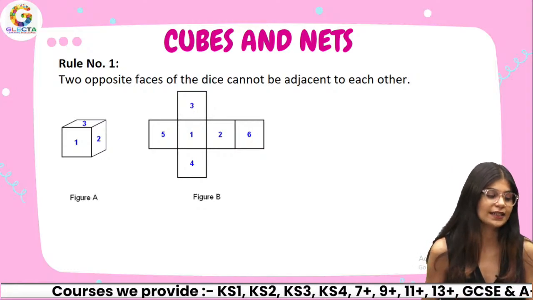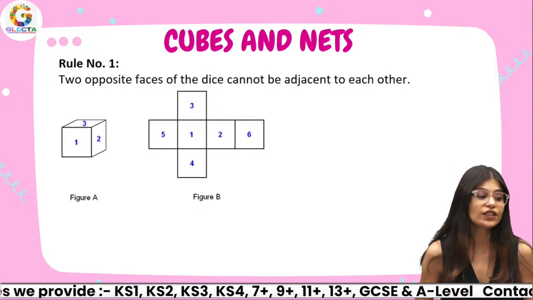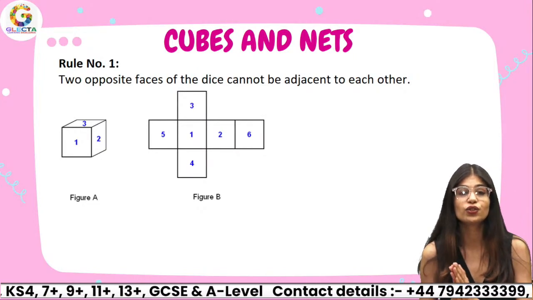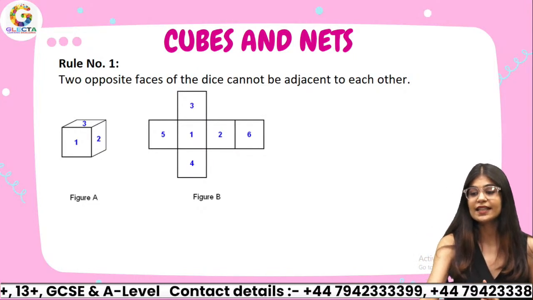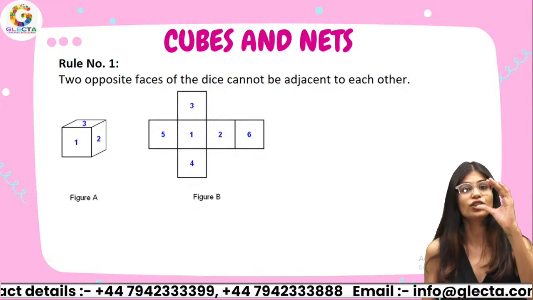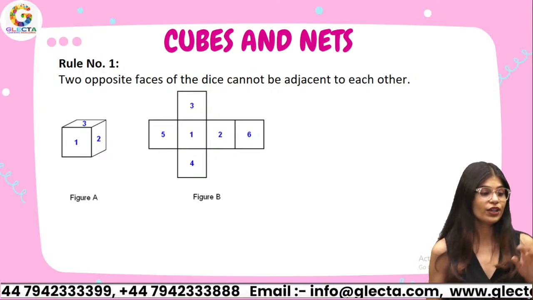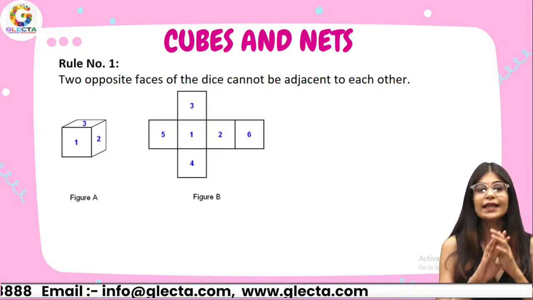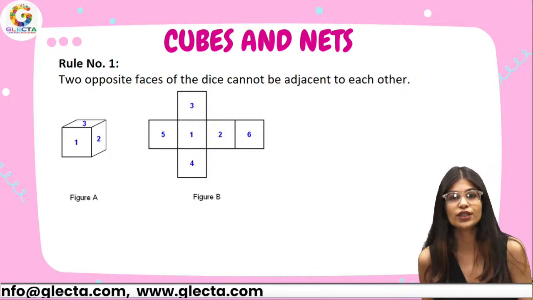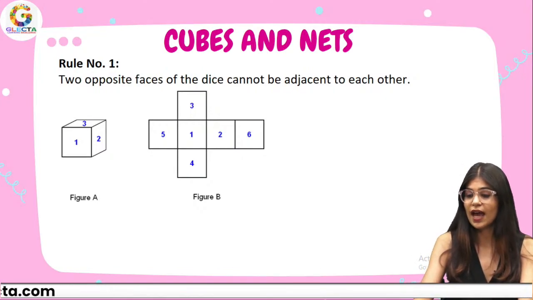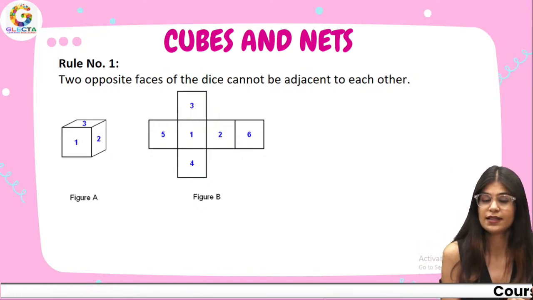Rule number 1 is: two opposite faces of the dice cannot be adjacent to each other. When I say they can't be adjacent, I mean in regards to the cube that you see. Now here you see a cube and the net of the cube. Quickly, everyone, tell me which face is going to be opposite to which one, so that I know you understand this.